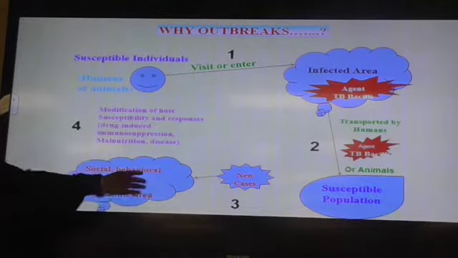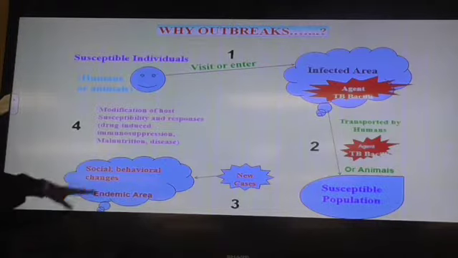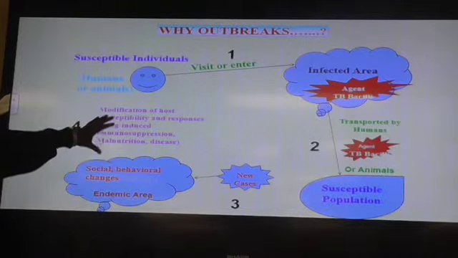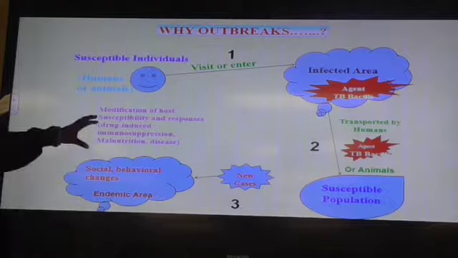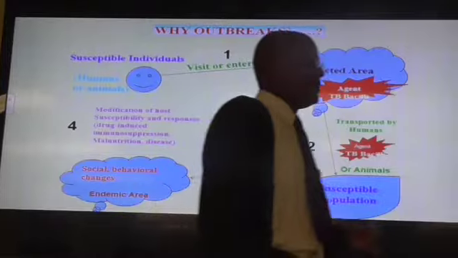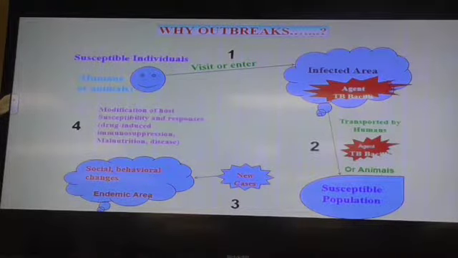Disease is low endemicity, but as a result of some behavioral or social changes, the level of disease increases. And then the fourth one, as I said, is modification of susceptibility responses because of natural phenomena or disease or drug-induced immune suppression. So under these four circumstances, you may see outbreak occurring.